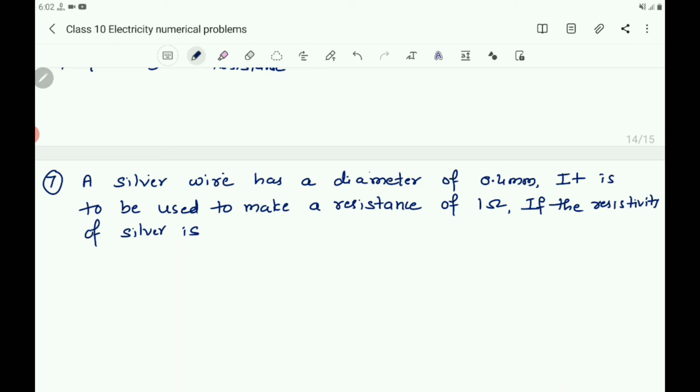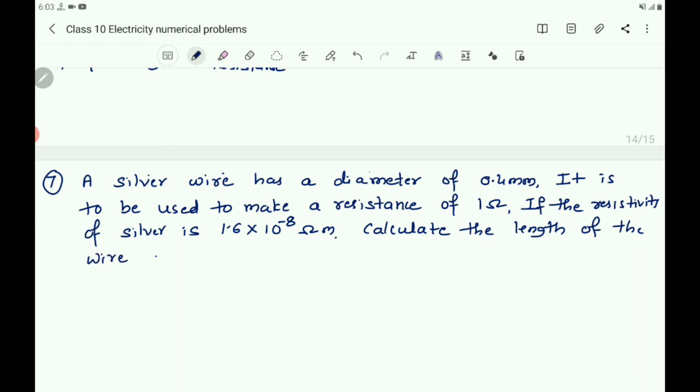If the resistivity of silver is 1.6 into 10 power minus 8 ohm meter, calculate the length of the wire needed.